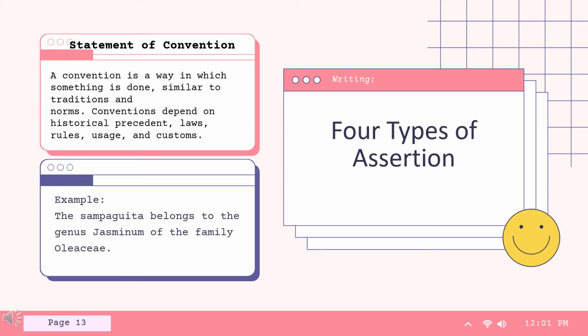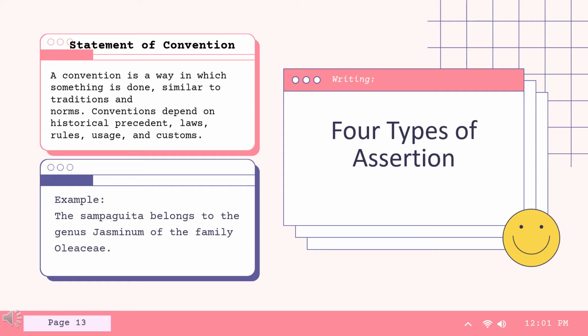Now, the third type of assertion is the statement of convention. From the word itself, convention, that means it reflects the traditions that we have, the norms, even the historical precedent, historical accounts, laws, rules, usage, and customs. For example, the Sampaguita belongs to the genus Jasminum of the family Oleaceae.